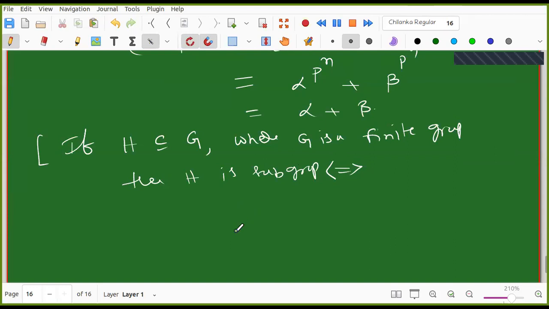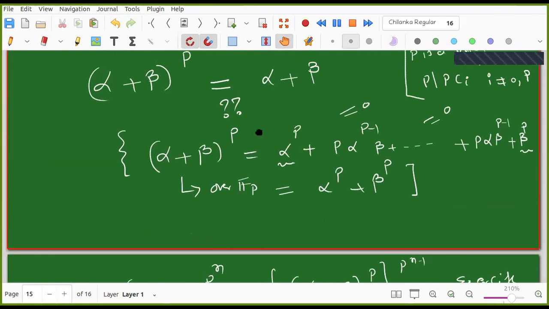Just closed under multiplication. That's sufficient, right? For every a, b in H, a times b belongs to H. The closure property is sufficient if my G is finite. Here I am working in a finite field, so F is a finite field.